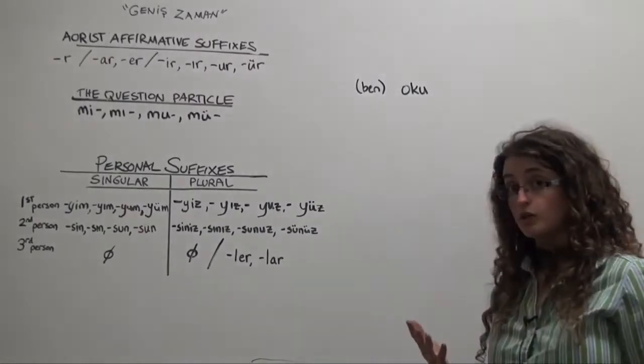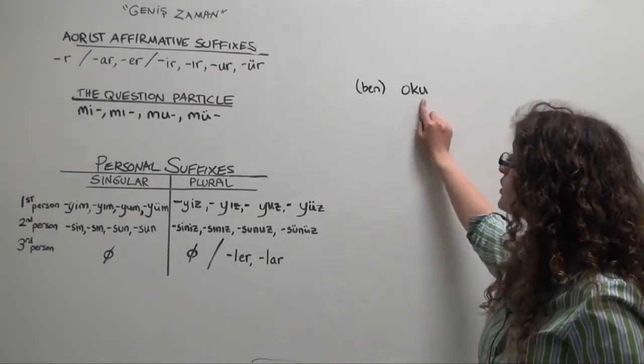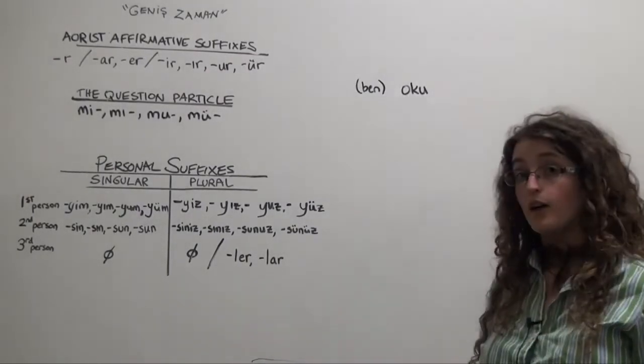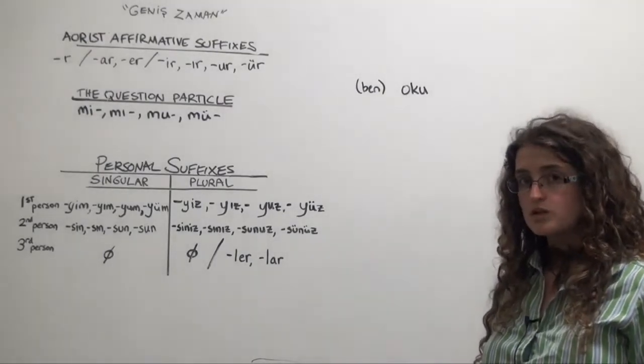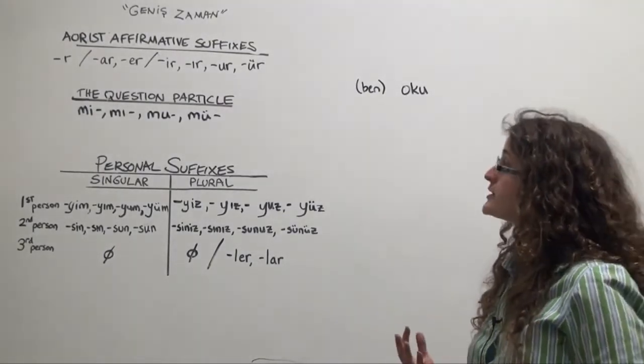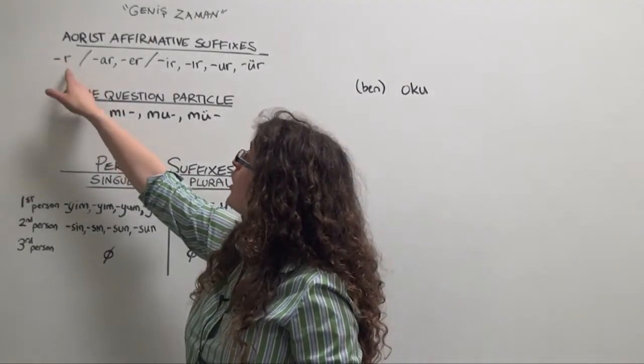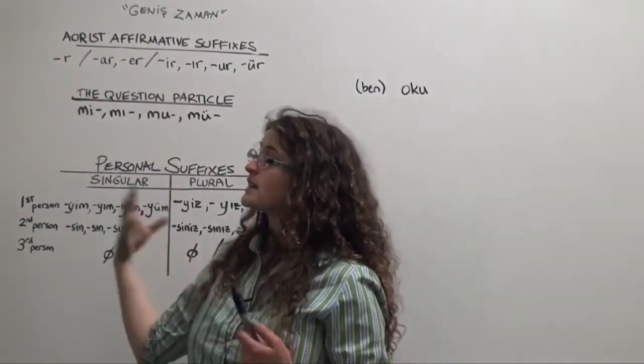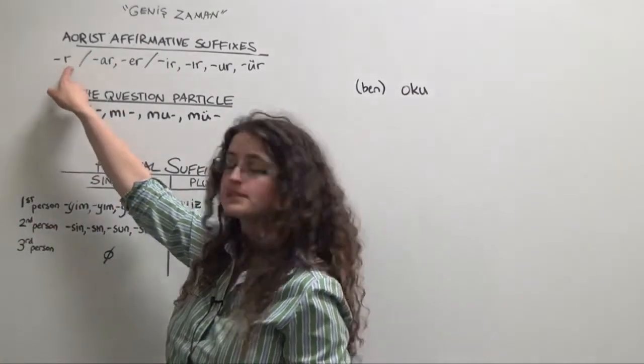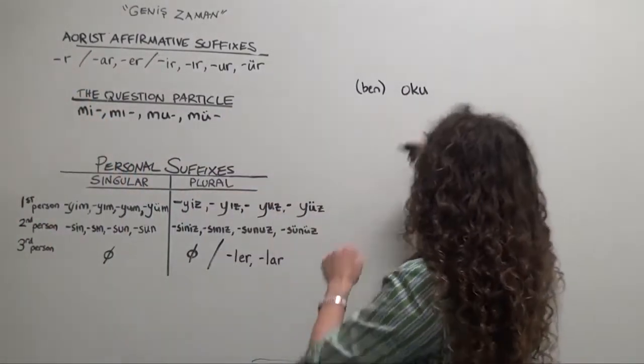There are verbs like oku, which end in a vowel. For verbs which end in a vowel, we're simply going to choose the only aorist affirmative suffix that does not begin with a vowel, a simple r. So okur.